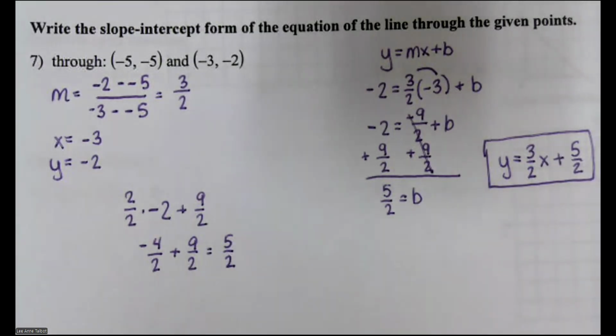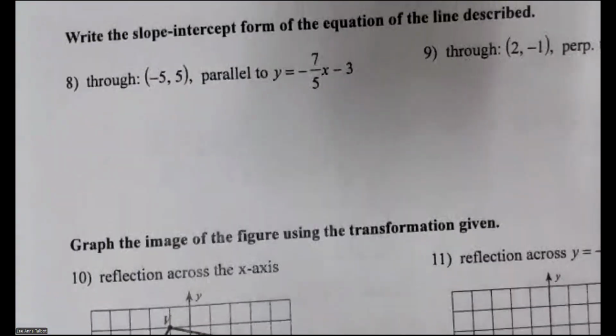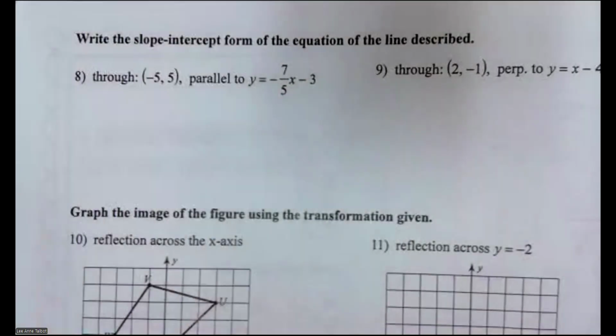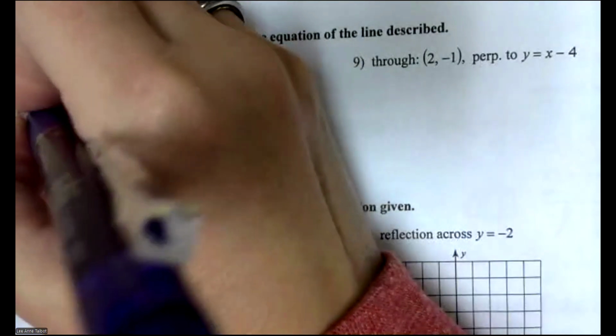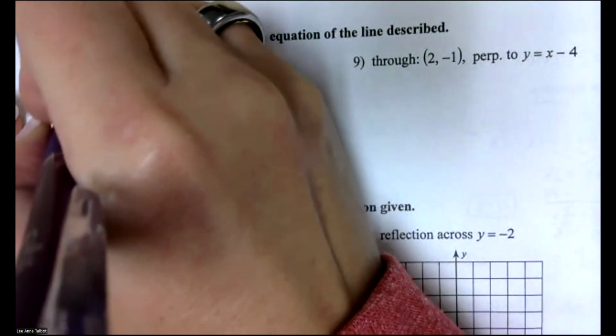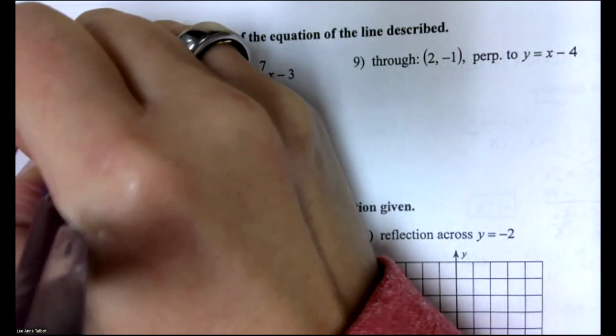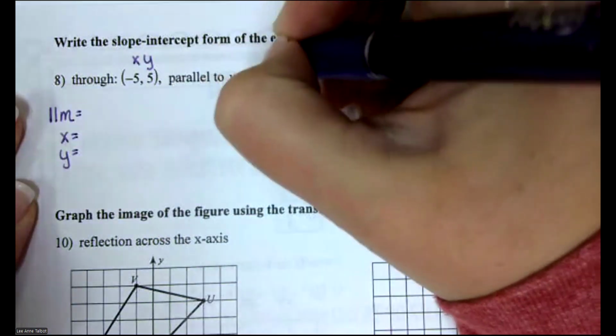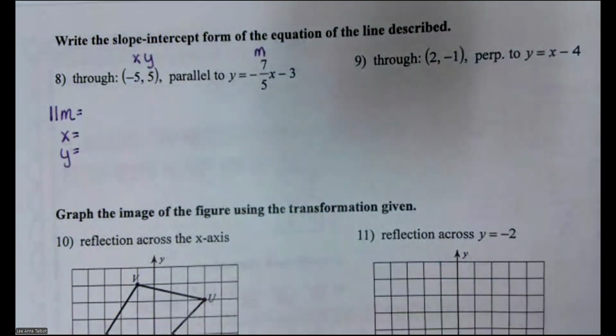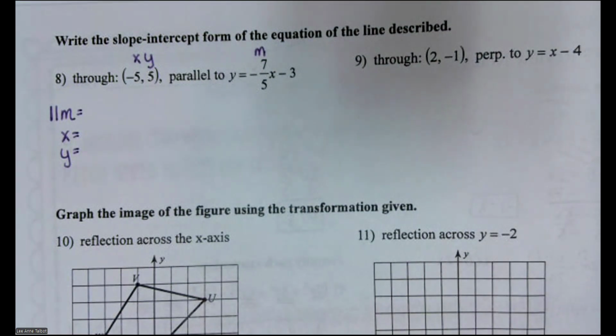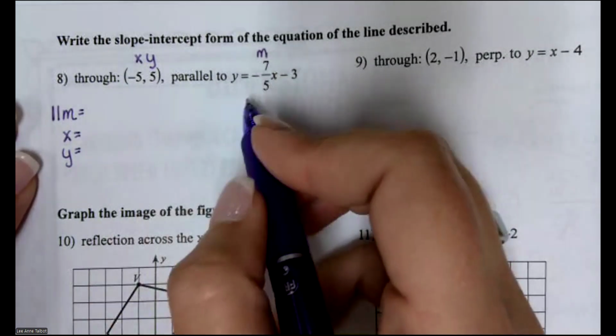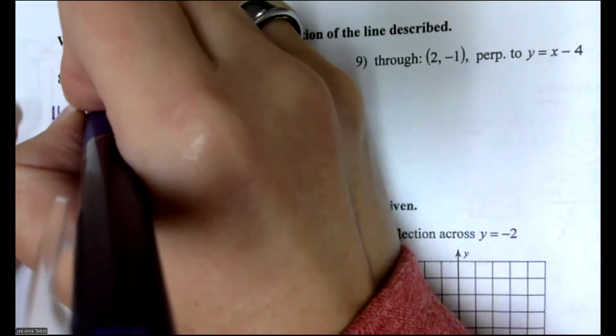Okay, flip to the back. Okay, next topic, parallel and perpendicular. Number 8 is parallel slope. Okay, so parallel lines have the same slope, so -7/5.